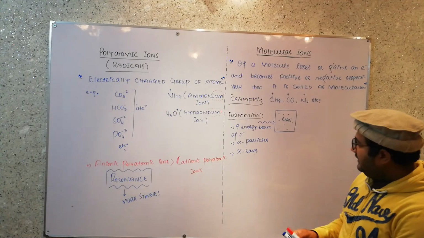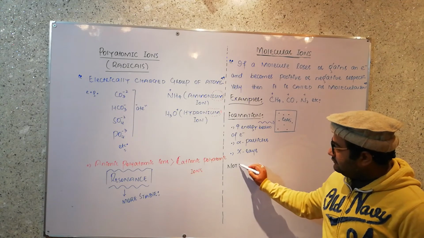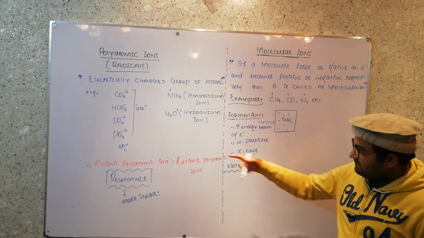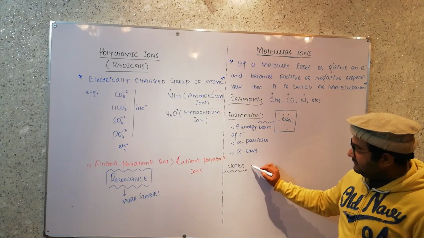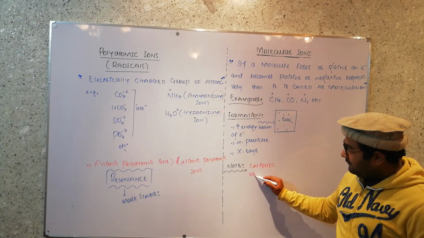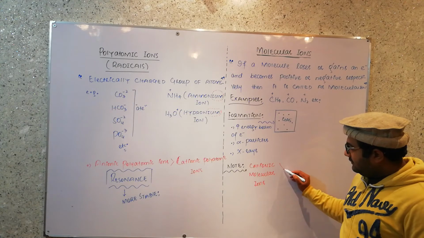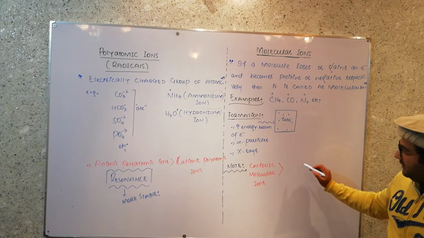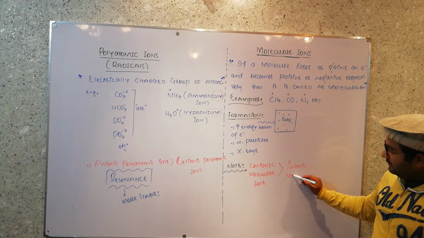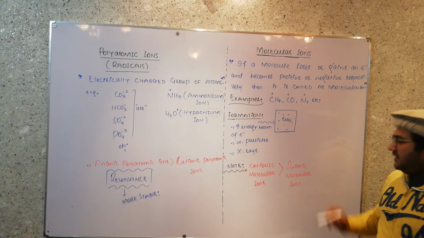So in this case, the one thing to be noted is that, in reverse of that case, cationic molecular ions are more abundant than anionic molecular ions.